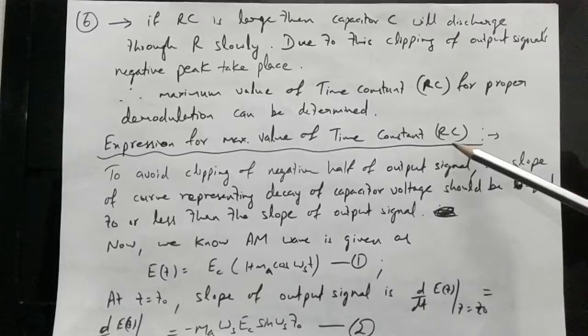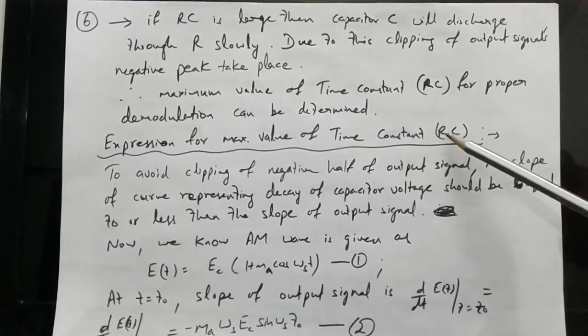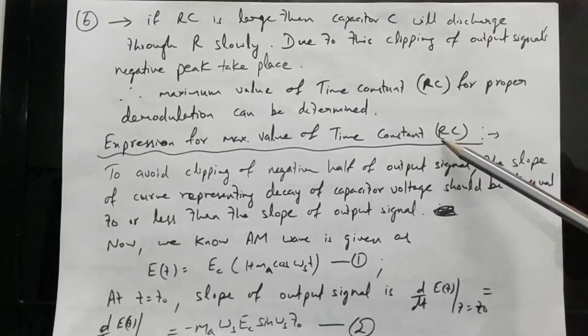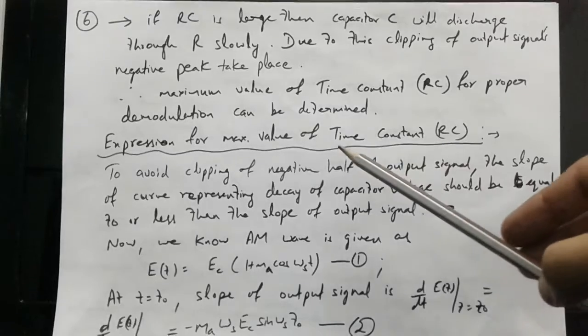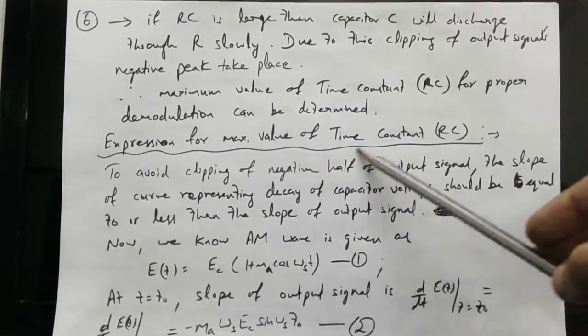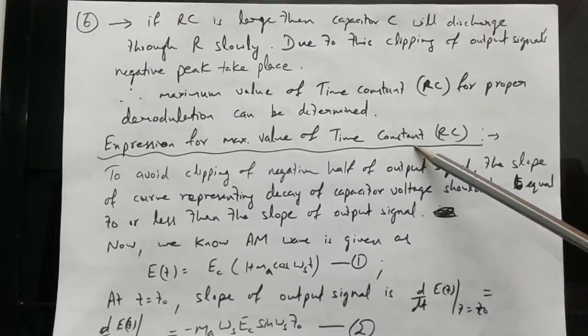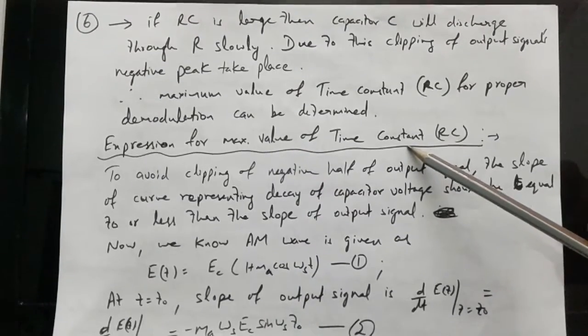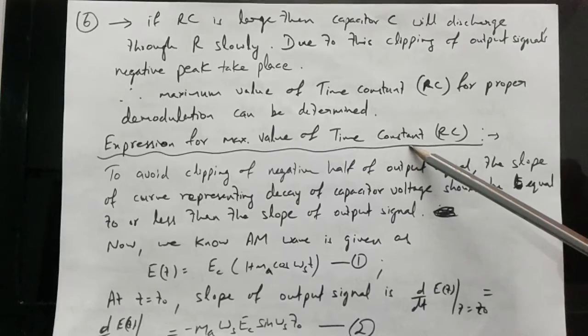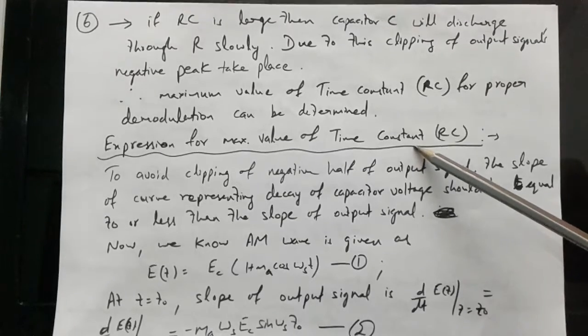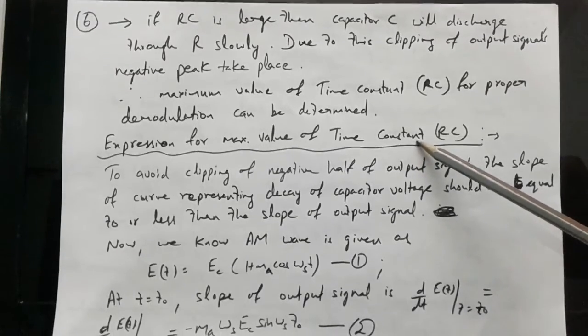So here we will find the condition for the maximum value of time constant required for a good output of the AM wave.